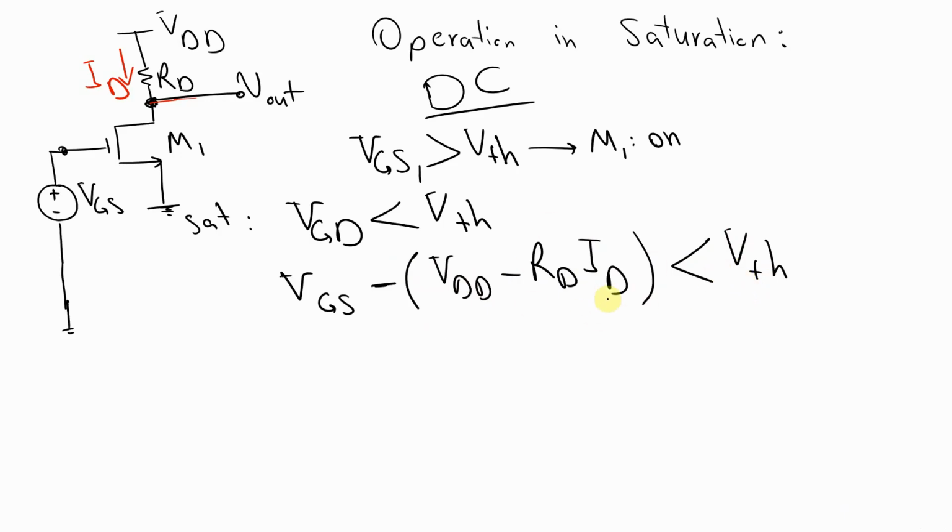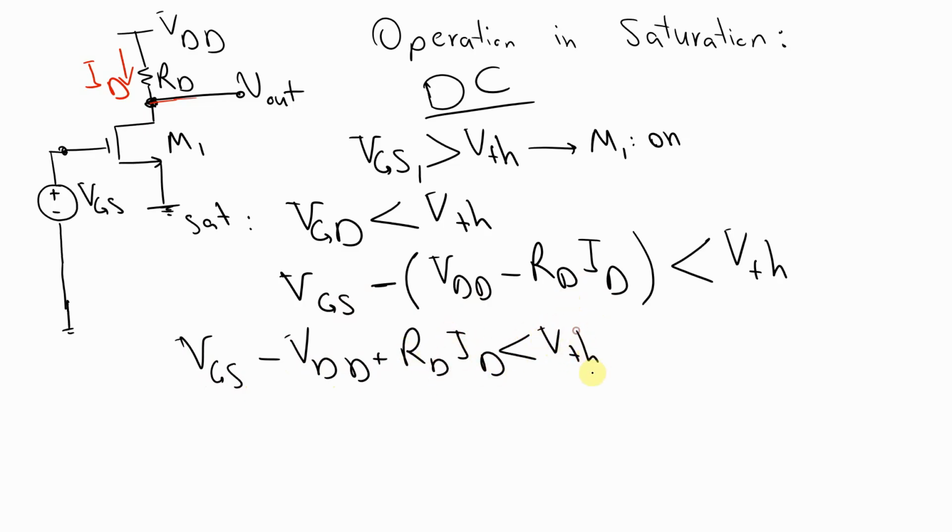With this formula, using some mathematics, VGS minus VDD plus RD ID is less than V threshold. I can now calculate the RD ID condition for this device, which has to be less than VDD, minus VGS plus V threshold.